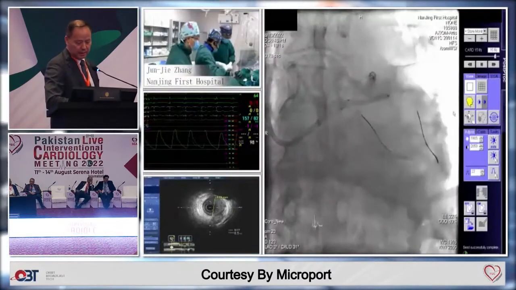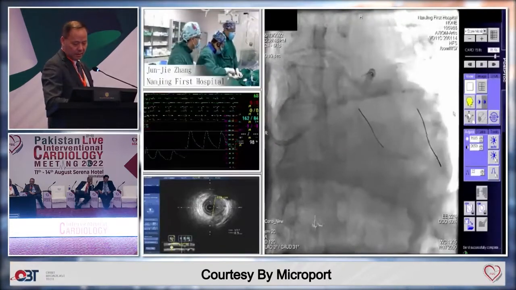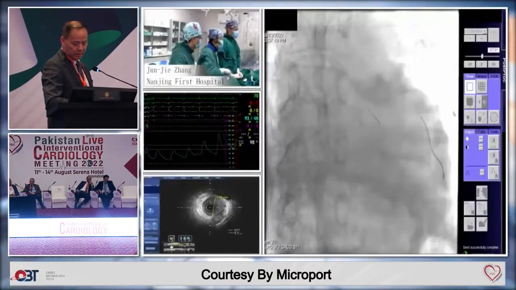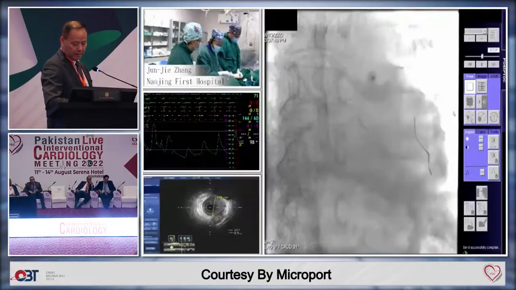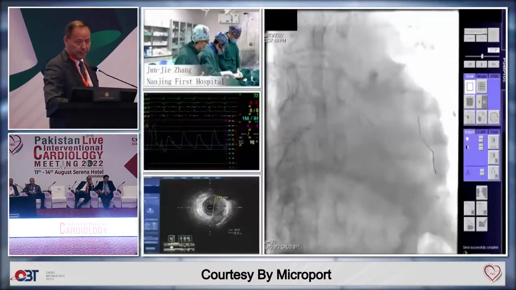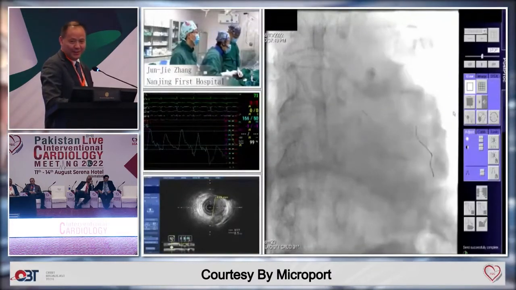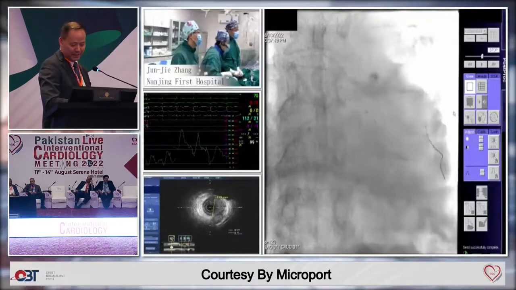So this is why I would like to use the 3.25 short NC balloon to do the side branch ostial optimization. Yeah. So I think your live transmission is very important to help us to understand how to do DK crush, particularly for trifurcation lesion.